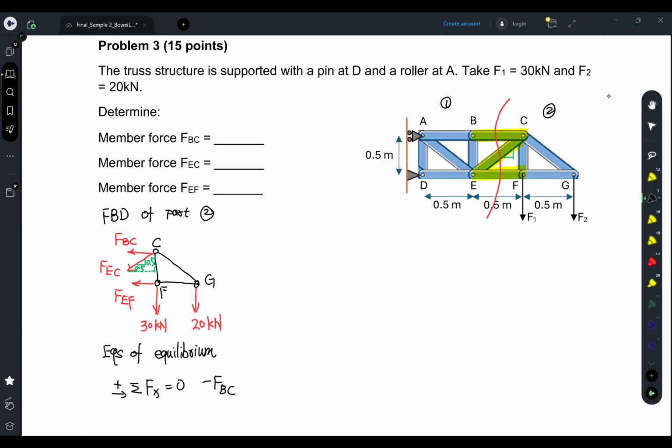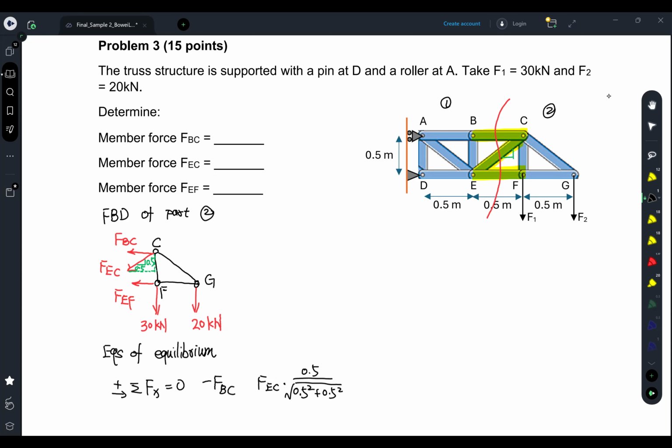So we have FEC times the ratio between the base and the hypotenuse, which gives the x component of FEC here.